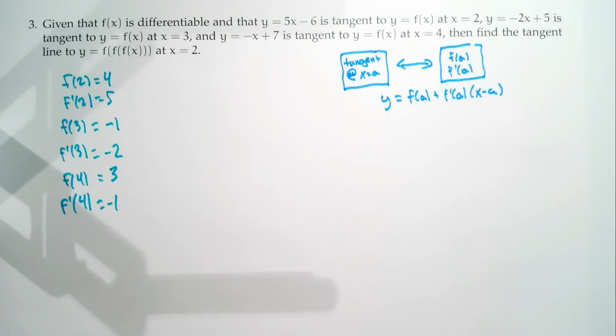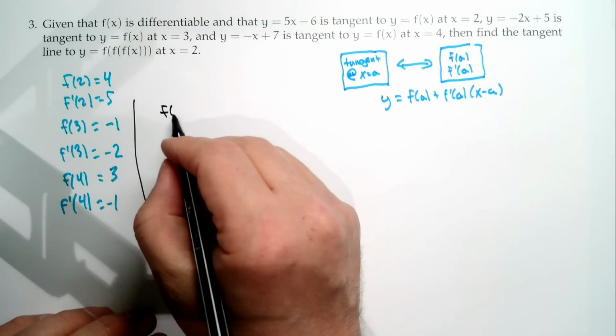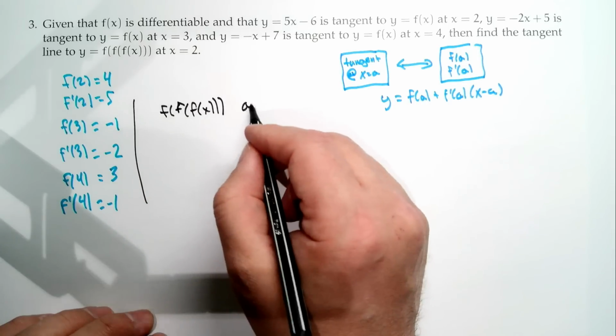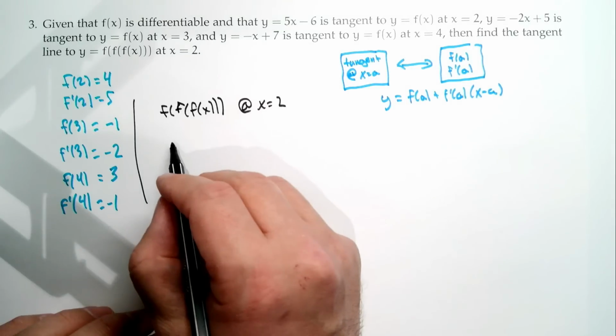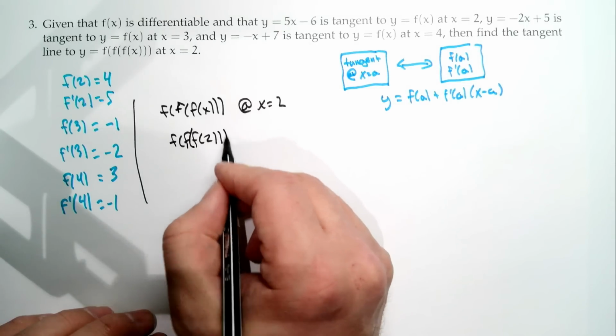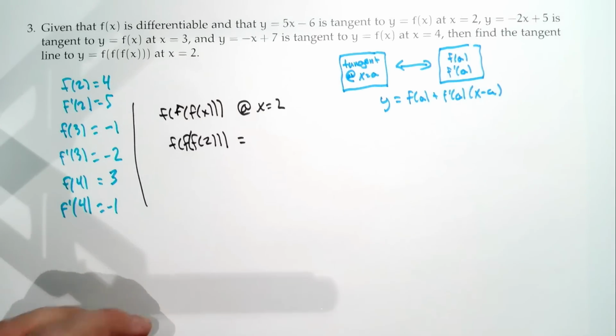Now, what are we after? Well, we want the tangent line to f of f of f of x at x equals 2. So that says I need to know what is f of f of f of 2. Well, let's just figure that out. This is an onion, and we just work through it one layer at a time.